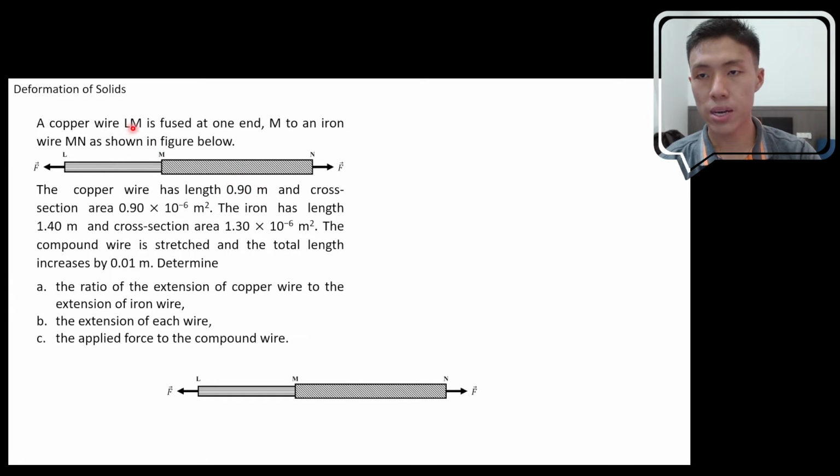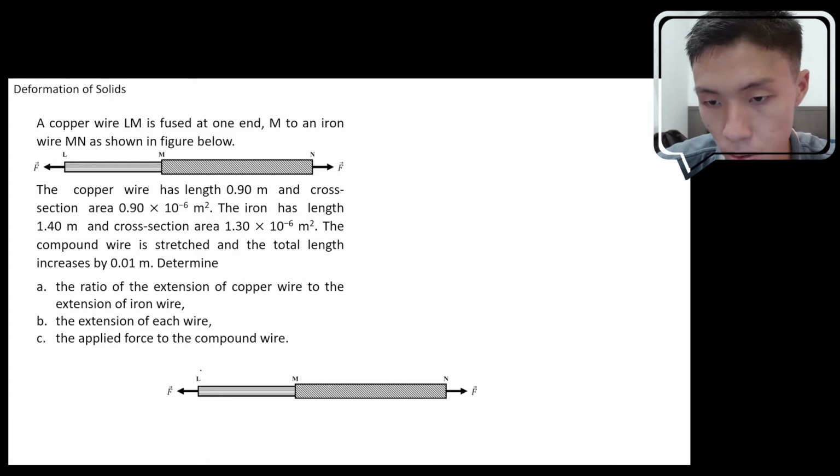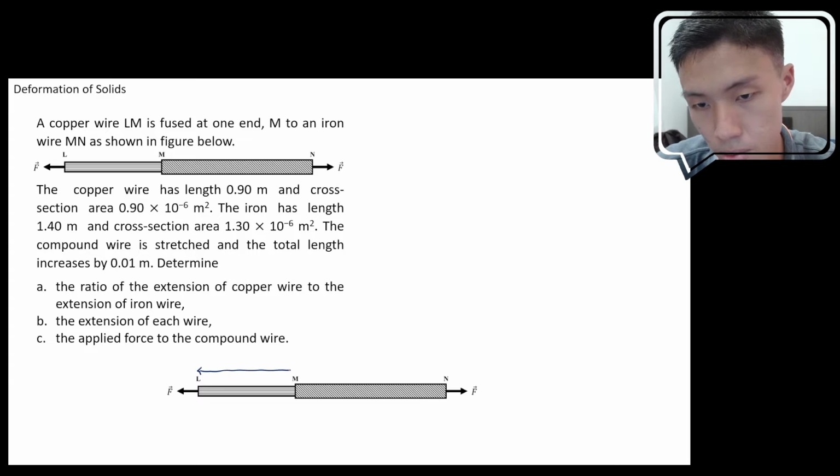So copper wire is LM. LM here has a length of 0.90 meter and cross-sectional area of 0.90 times 10 to the power negative 6 meters squared. So let's write it down. Your length over here will be 0.90 meter. Let's call it the original length of copper is equal to 0.90 meter.